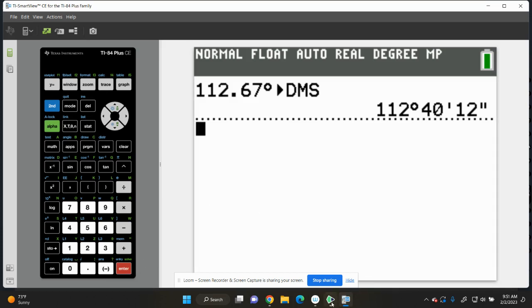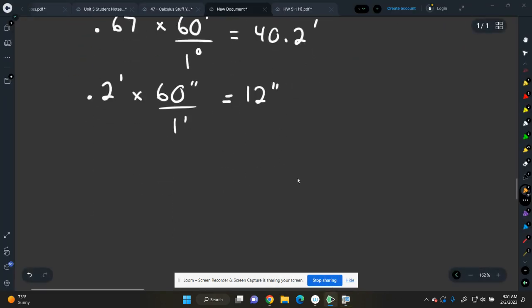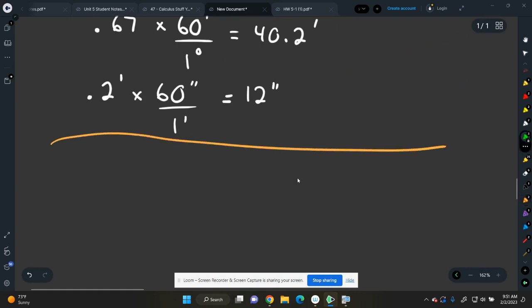Okay, so I'm going to have you try one by yourself and then check it on your calculator. You have to know how to do it by hand, but you can definitely check it. Let's do 138.367 degrees. You're going to do it by hand first, and then you can check it on your calculator.